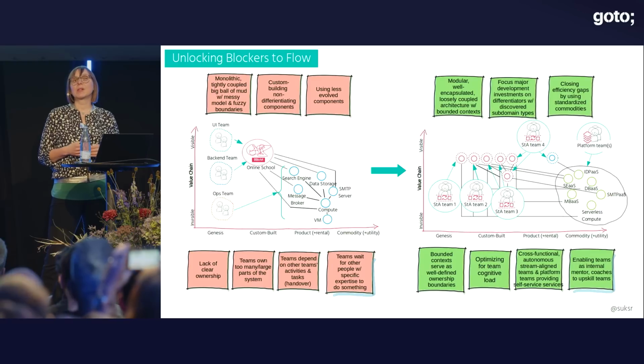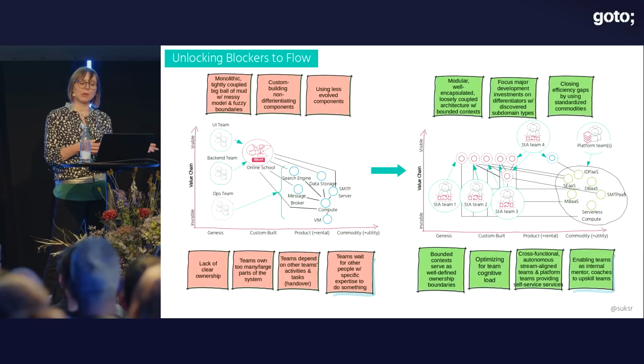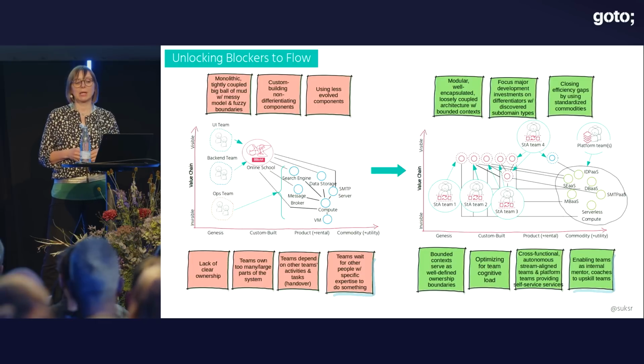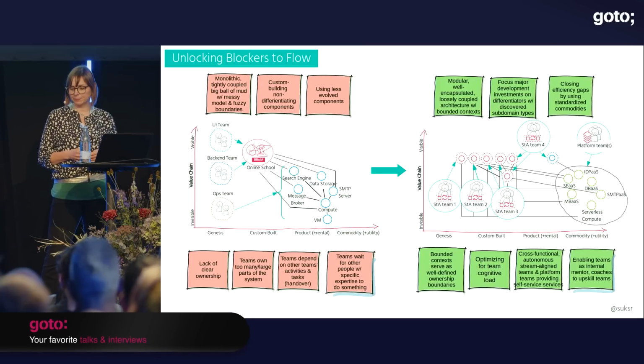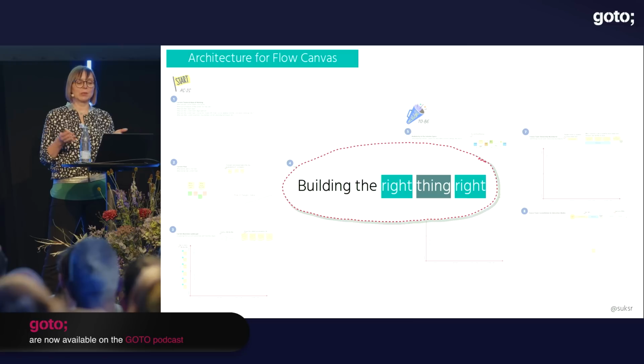And with enabling teams as internal coaches, upskilling teams on demand, that reduces the dependencies on other people or teams with particular expertise. So bringing these tools together helps us to build the right thing right.